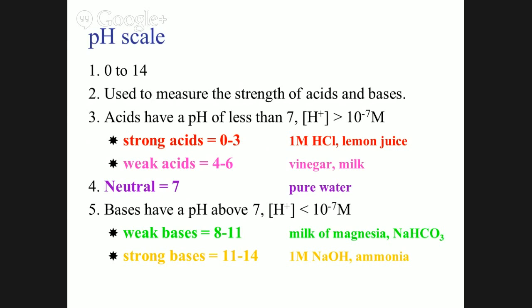Folks, anything that we can eat easily has to generally fall into the weak acid, weak base kind of thing. So it is possible to bite a pepper and burn yourself because it is such a strong acid. That's what's burning you. It is literally an acid inside that pepper. Neutral, pure water. Milk of magnesia, example of a weak base. Ammonia, sodium hydroxide for strong bases.